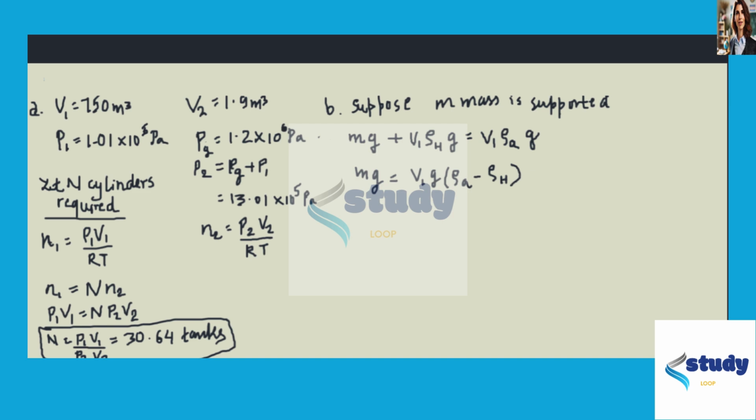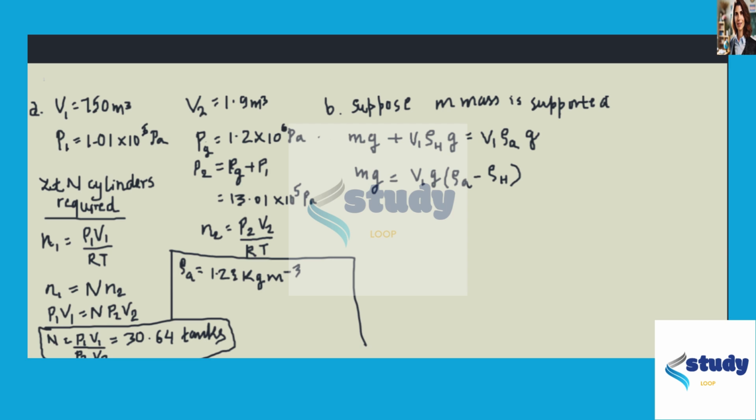Now the question gives V1, we know gravity g, and the question says the density of air is 1.23 kg per meter cube.